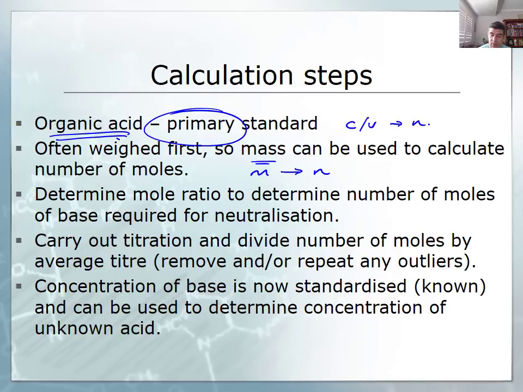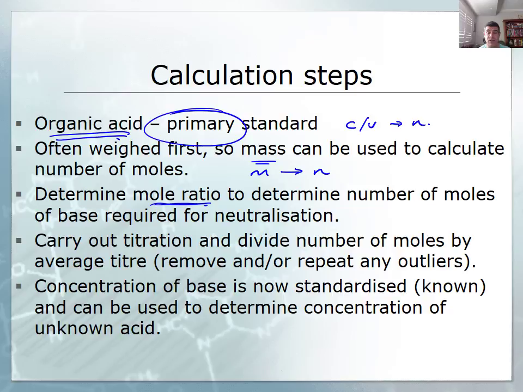We need to determine the mole ratio. This is very important for the number of moles of acid to base required for neutralization. So you'll need to know whether it's a mono, di, or triprotic acid, and then how many moles of your base are going to be required in order for neutralization.